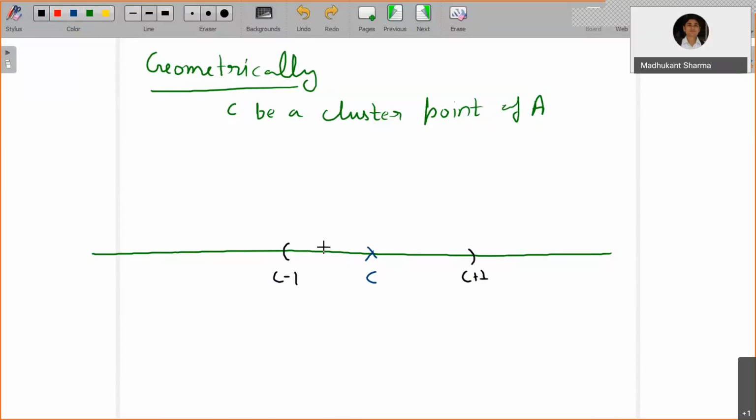Then let's take C minus half to C plus half, and so on. So let's take C minus 1 by n to C plus 1 by n.